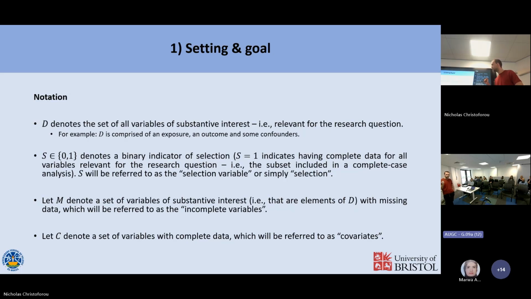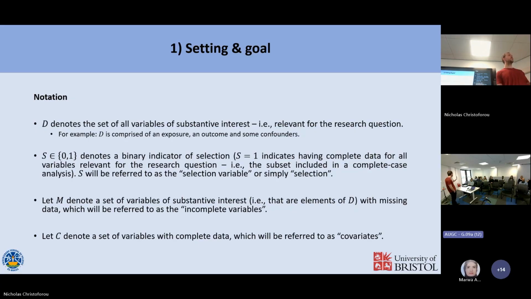Throughout the presentation, the letter D is going to denote the variables of substantive interest. What do I mean by that? You have a research question, and to address it empirically, you have to measure some variables. For example, let's say your research question is whether some exposure causes some outcome.